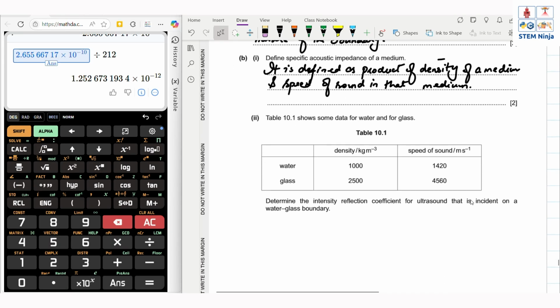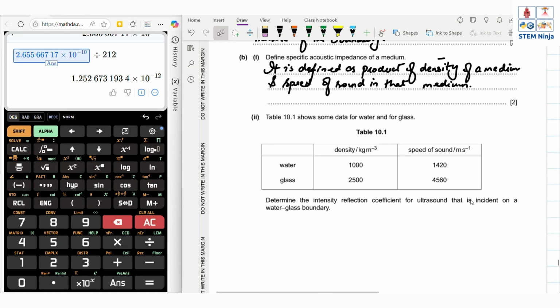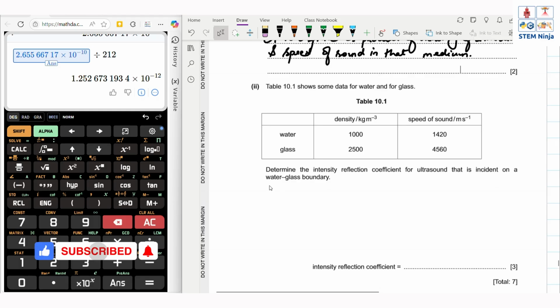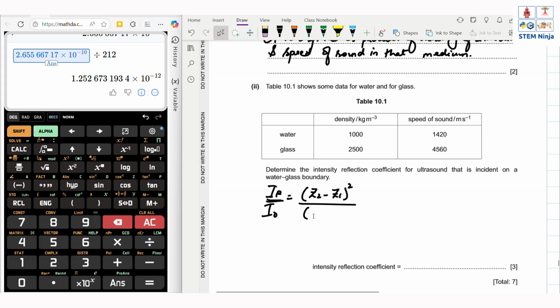Table 10.1 shows some data for water and for glass. Determine the intensity reflection coefficient for ultrasound that is incident on a water-glass boundary. So we know the intensity reflection coefficient, IR over I naught, equals the difference Z2 minus Z1 squared, divided by Z2 plus Z1 squared.